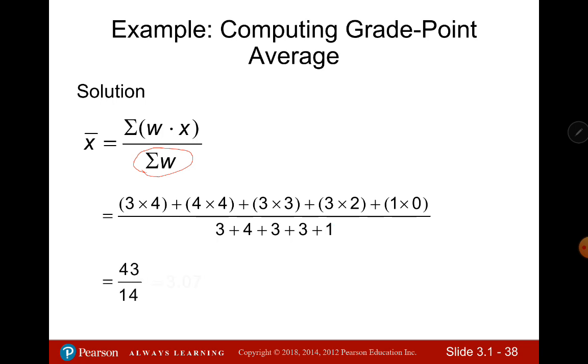So in total we will get 3.07, and this is called the weighted mean.